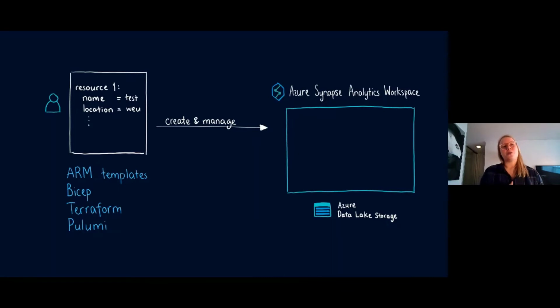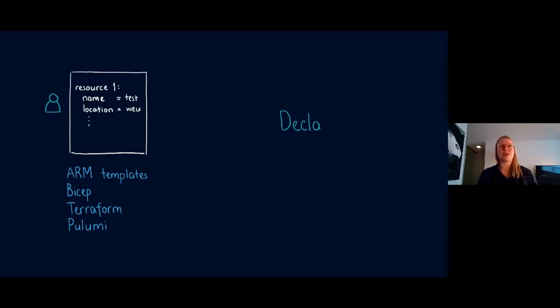So what is common to all these tools is that there are two factors in play. One of them is that these are declarative. What that means is that we are just stating the end result that we want to achieve. We're not saying, go and create this resource first and then that one and so forth. We're just saying, this is the end result that we want to achieve. So we do not have to care about the order of things so much.